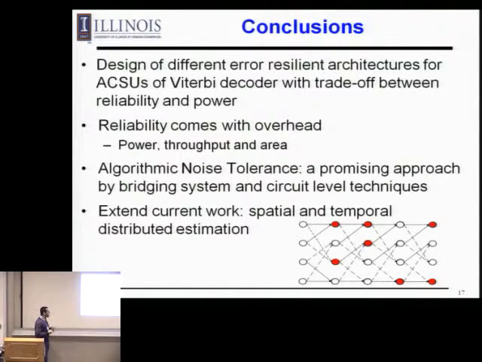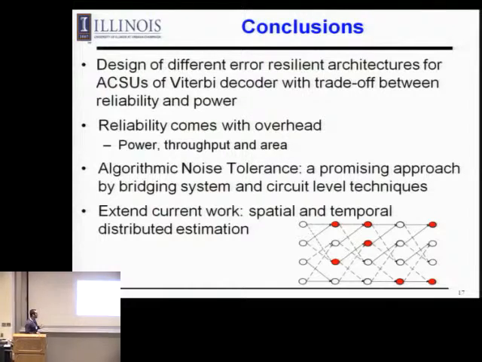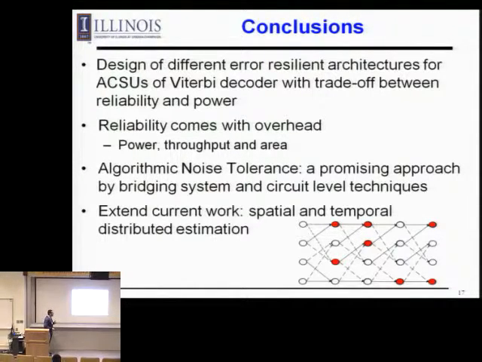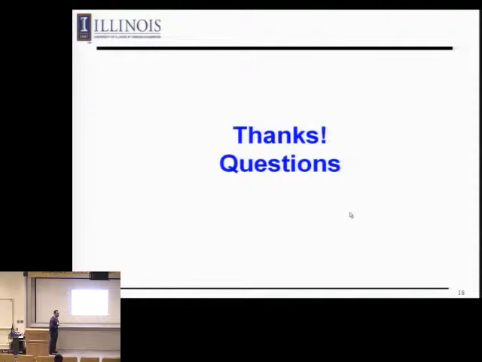As an extension of this work, we're working on spatial and temporal distributed estimation. In the trellis shown here, different states may exchange their estimates on the output. So your estimation will be more distributed, and we expect to have better performance. Thanks all. Hope you have any questions.